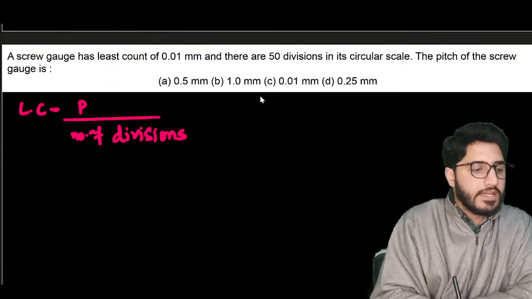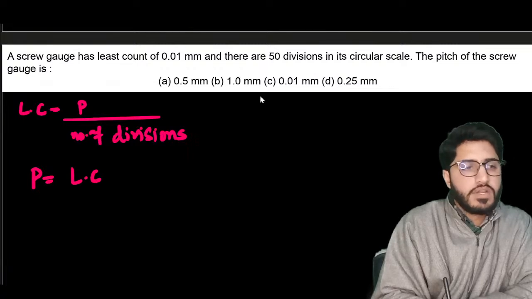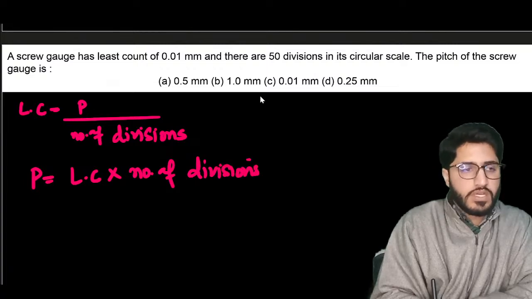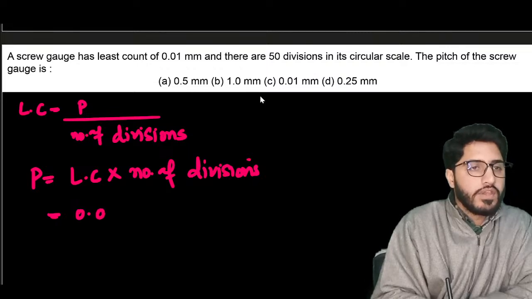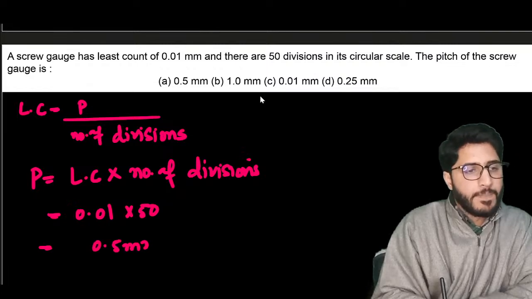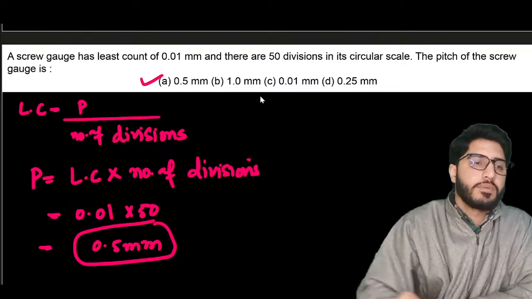So what do we need to find? Pitch. So pitch equals least count multiplied by number of divisions. The least count is 0.01, and it is 50. I guess my answer would be 0.5 mm. Option A is correct.